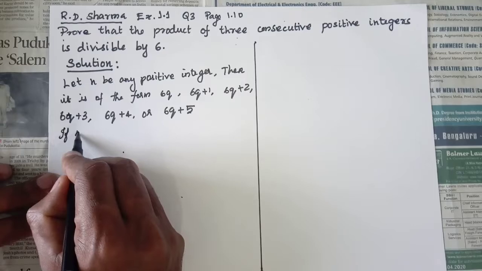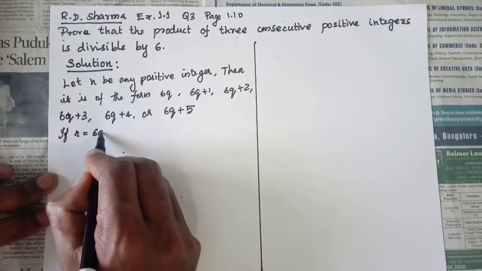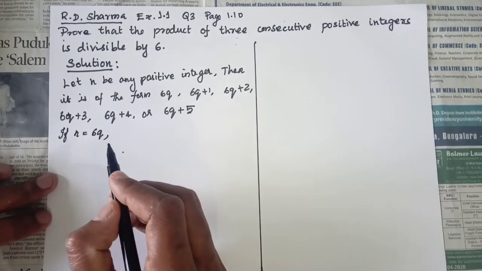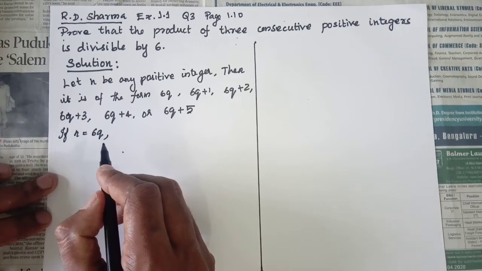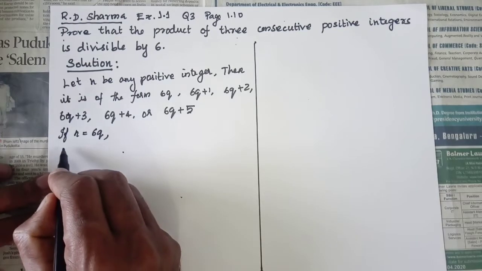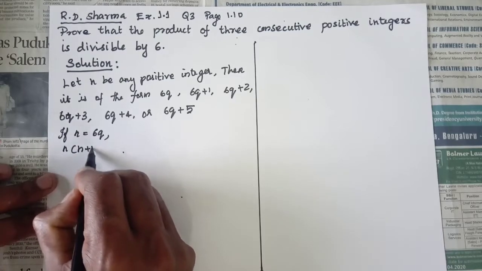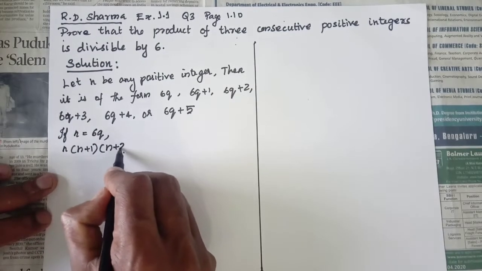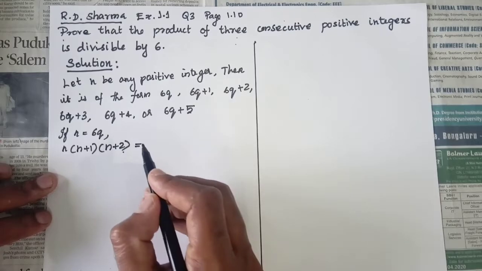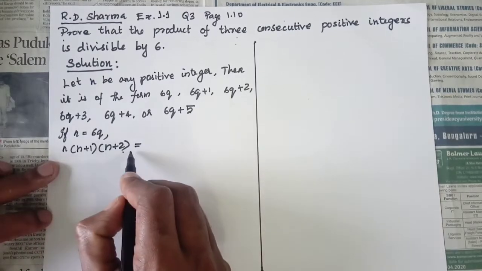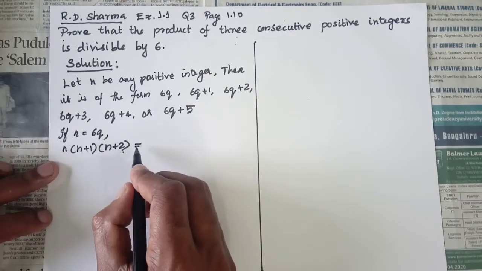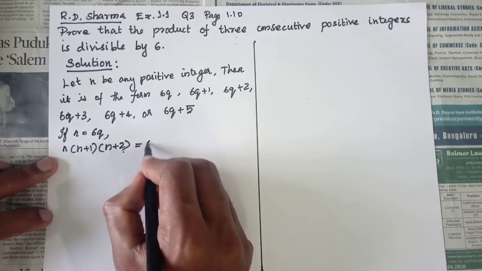Let us take the n value as 6q. So we can write the product of three consecutive numbers as n into n plus 1 into n plus 2. Now we are going to substitute the n value of 6q.